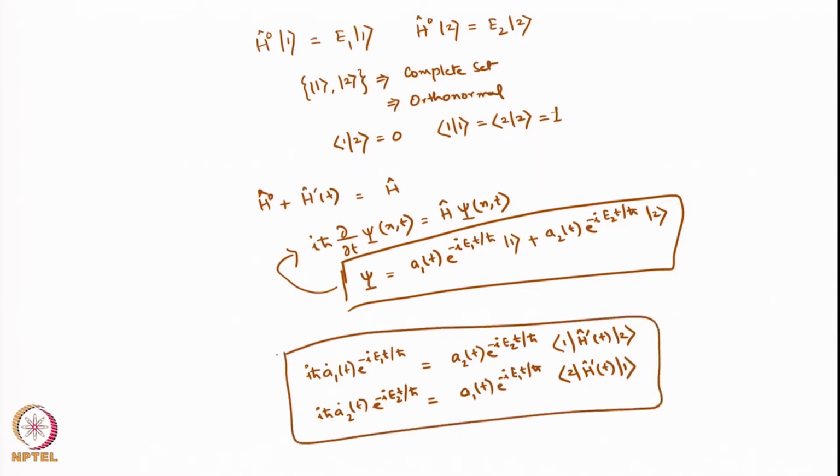Now, let us start looking at this equation a little bit more carefully. i h bar A1 dot of t e to the power of minus i E1 t by h bar equals A2 of t e to the power of minus i E2 t by h bar integral of 1 H prime of t 2. Of course this is a definite integral.